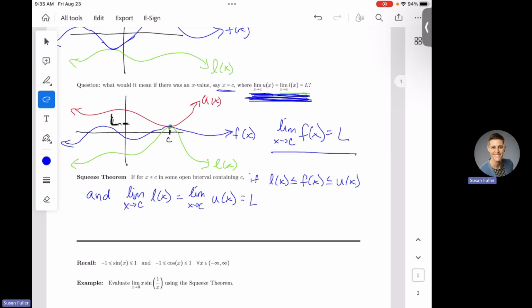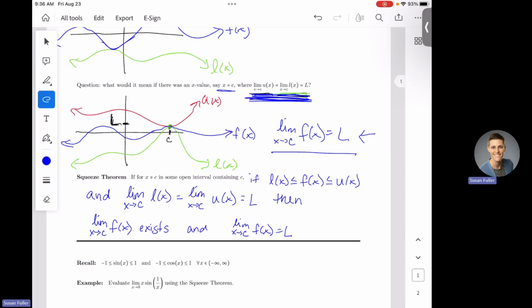If my upper and my lower functions have the same limit at x equals c, then I know that that's going to force the limit as x approaches c of my middle function to exist. And I know what that limit is. It's going to be L, just like my upper and my lower functions. So this says exactly what we noticed up here. It just puts it into mathy language.